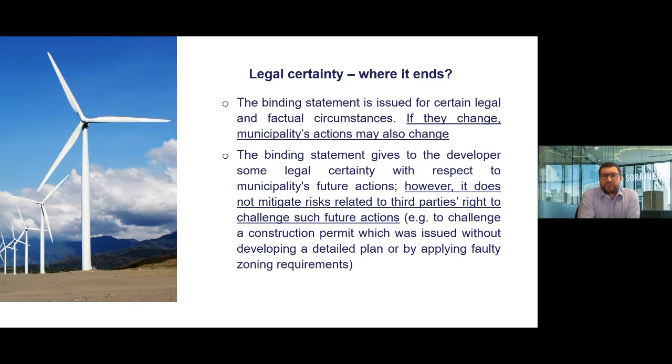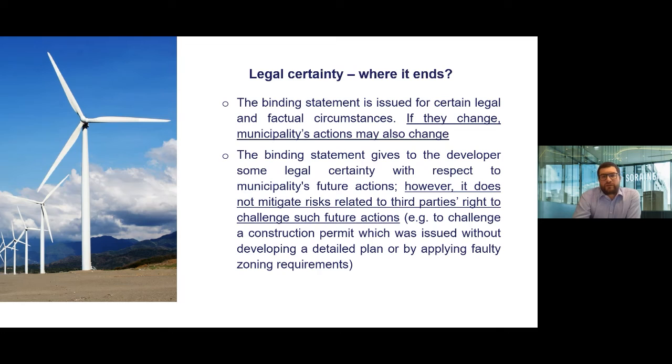And it is necessary because if this information is provided at some later stage, it can be a ground for municipalities to say that this is actually a change of factual circumstances because they did not know this information when they issued the initial document, and this may give them ground to change and not follow the previously issued document.